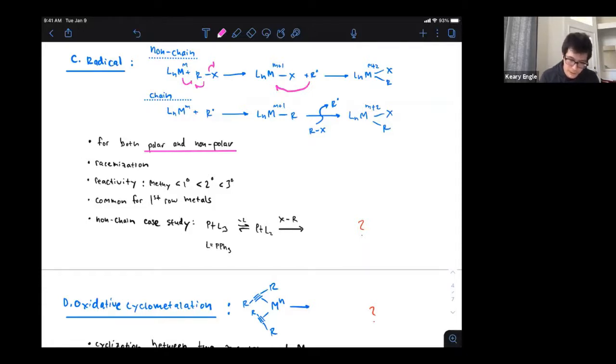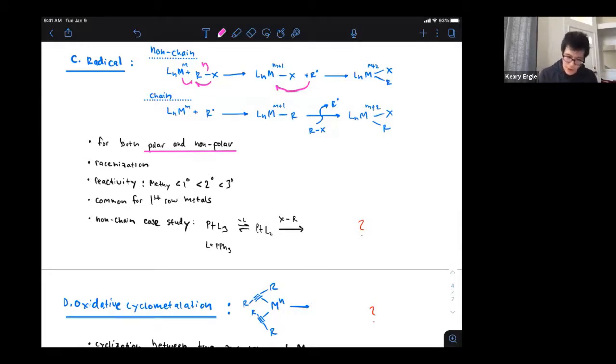Well, I realize I drew these arrows in not the right way. Sorry if that's confusing. And then recombination of the thus generated radical.